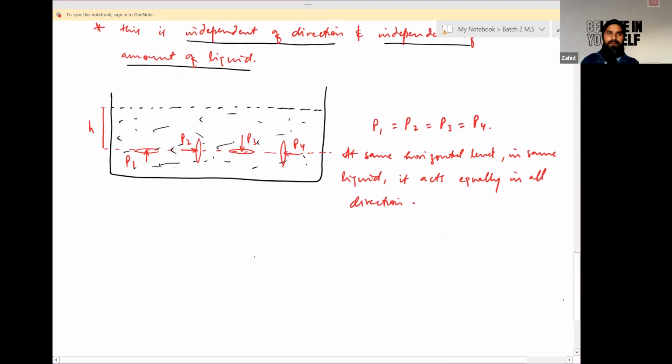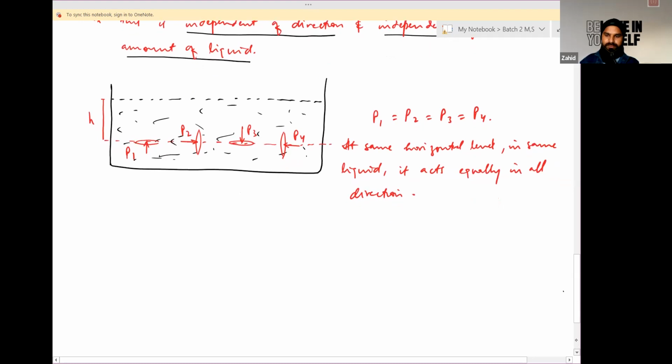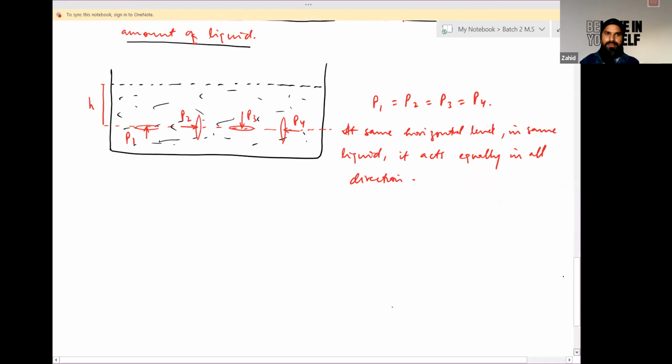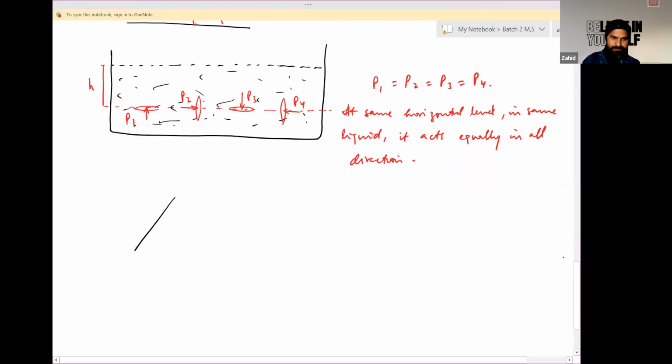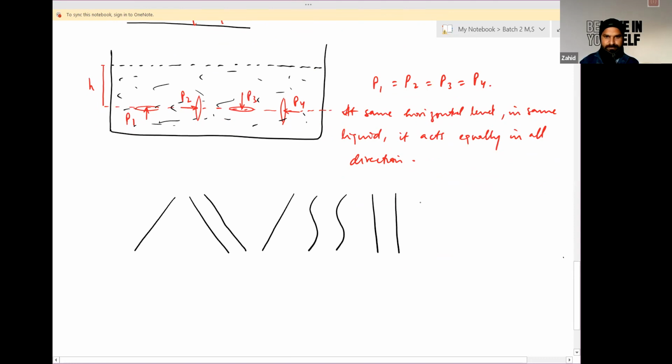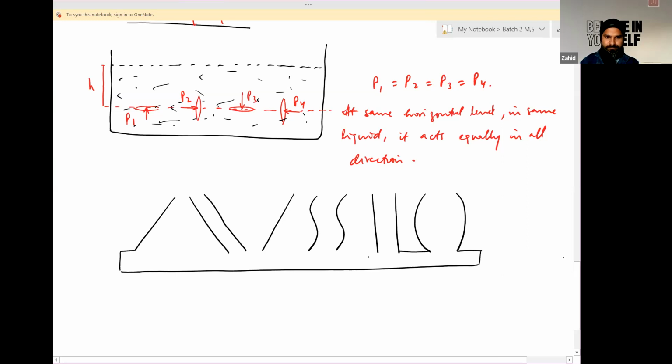Similarly, suppose there is a different shape of container but connected together like this.